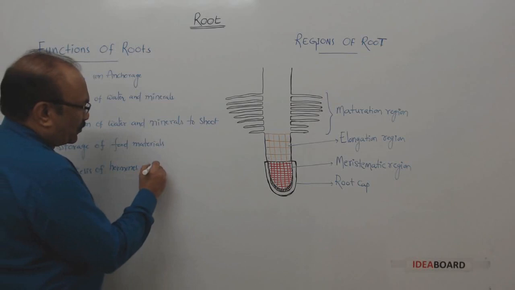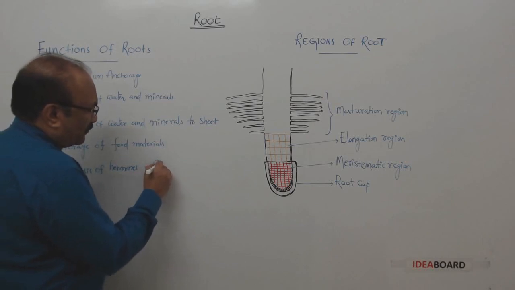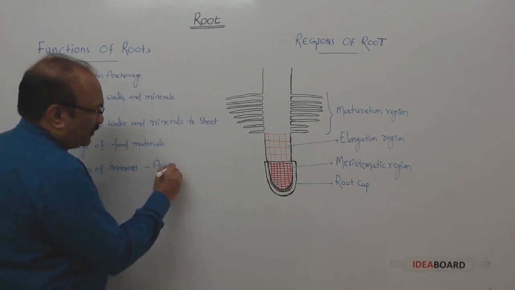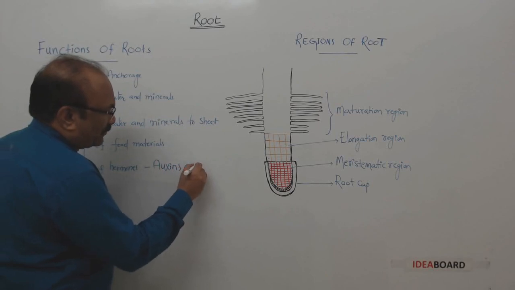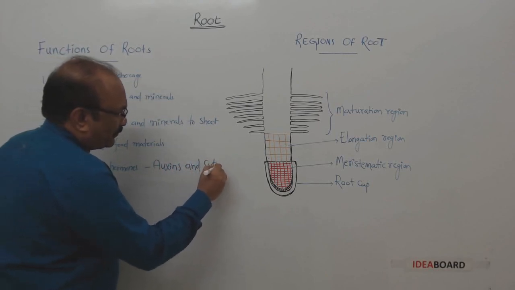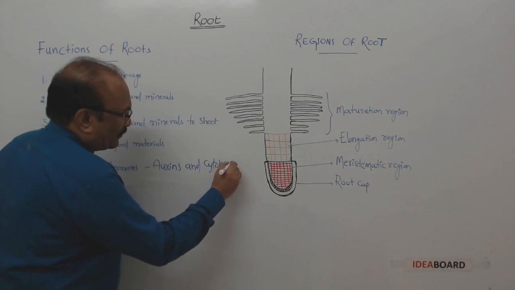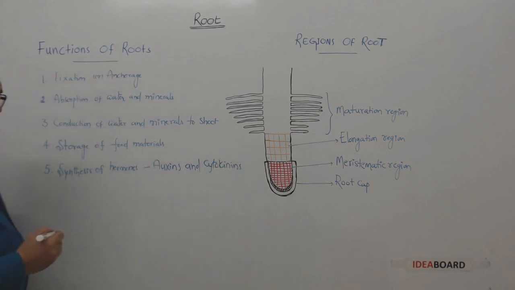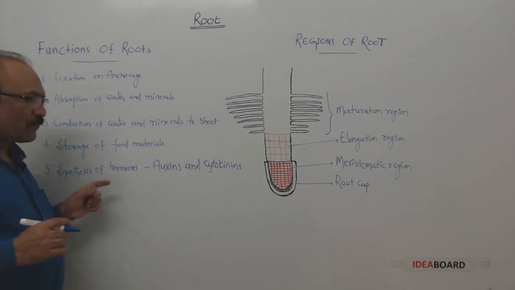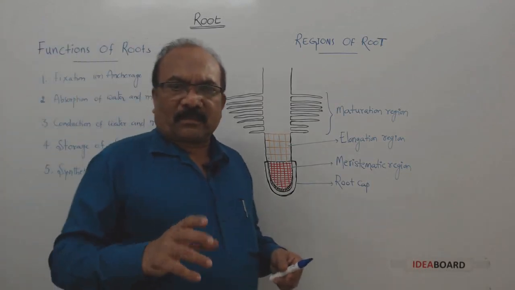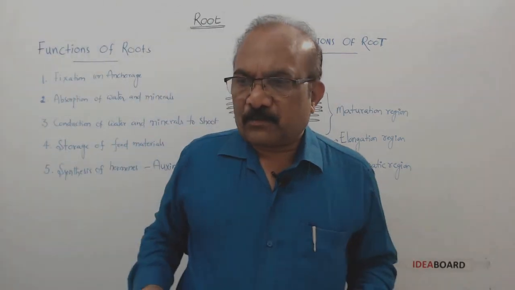So, what are those hormones? Auxins and cytokinins. So, that is the fifth function of the root. These are the functions of roots.